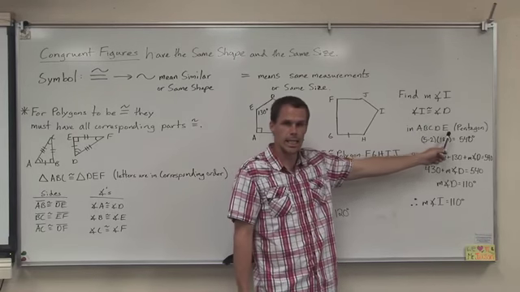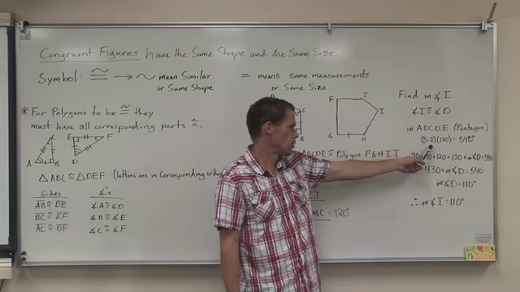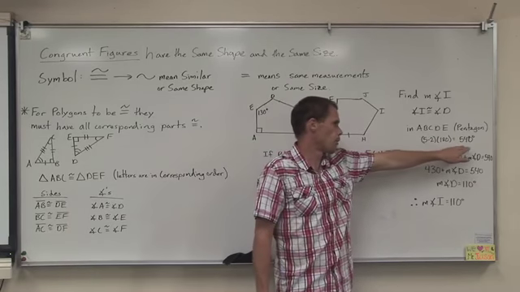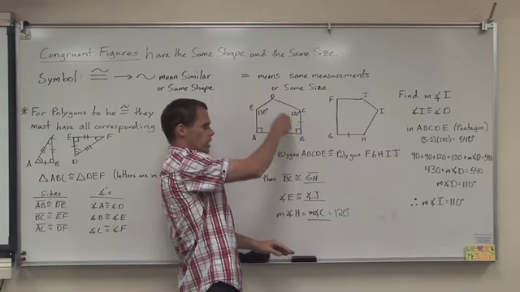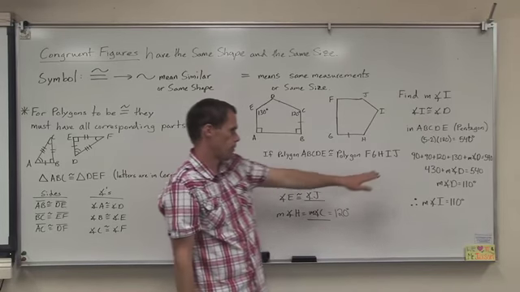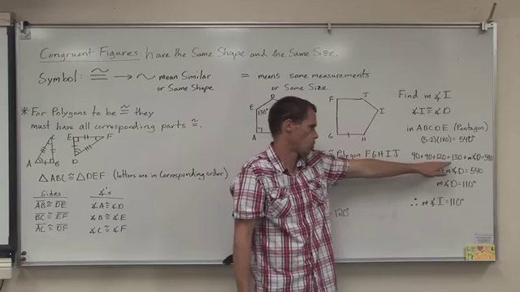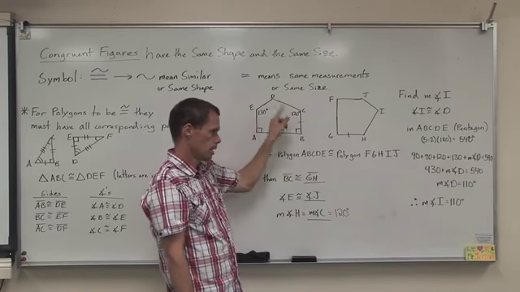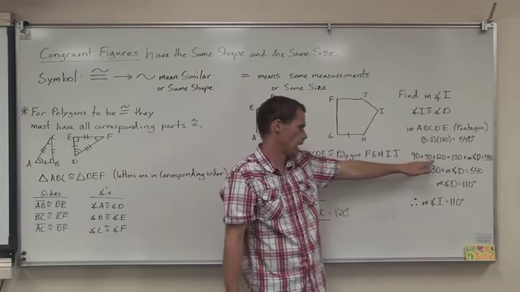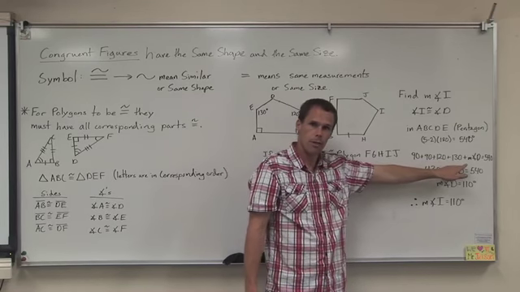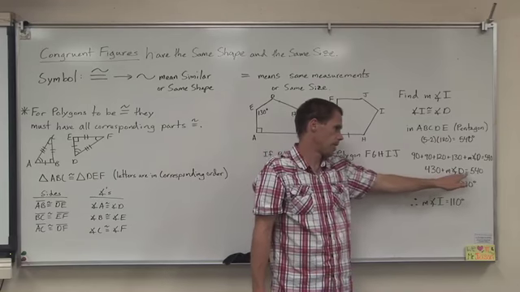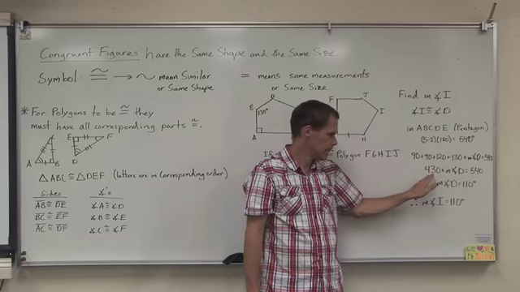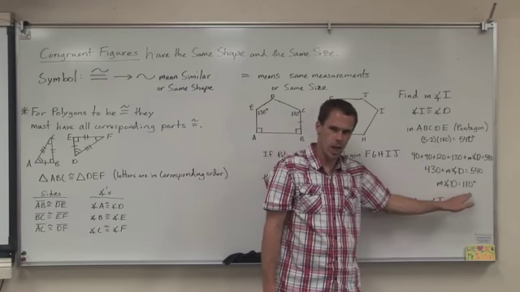Pentagon ABCDE, 5 minus 2 times 180, so n minus 2 times 180. 540 is the total sum of all these angles. And I know what four of them are: 90, 90, 120, 130, and angle D. So I'll add this. 180 plus 120 is 300. 430 plus the measure of angle D equals 540. Subtract 430 from both sides, and we get the measure of angle D is 110.